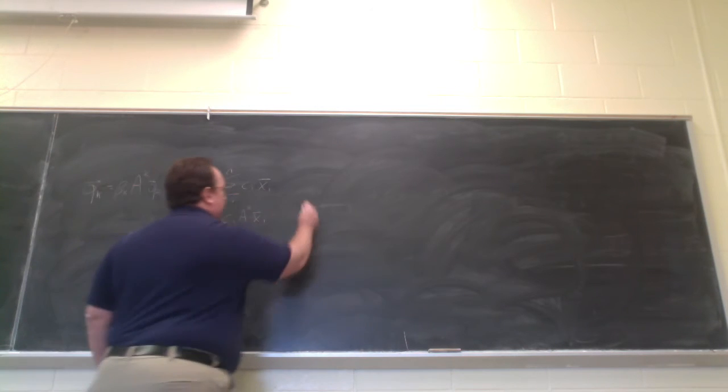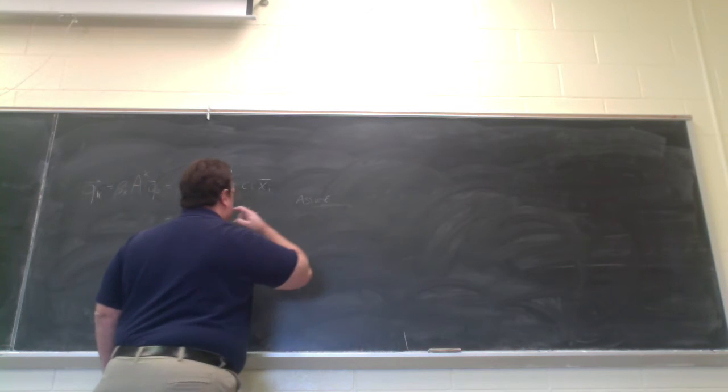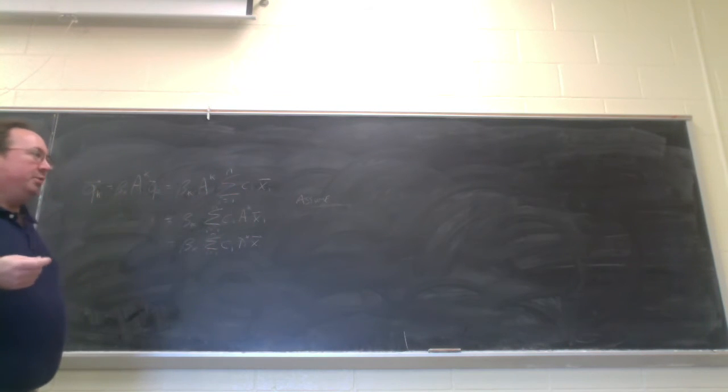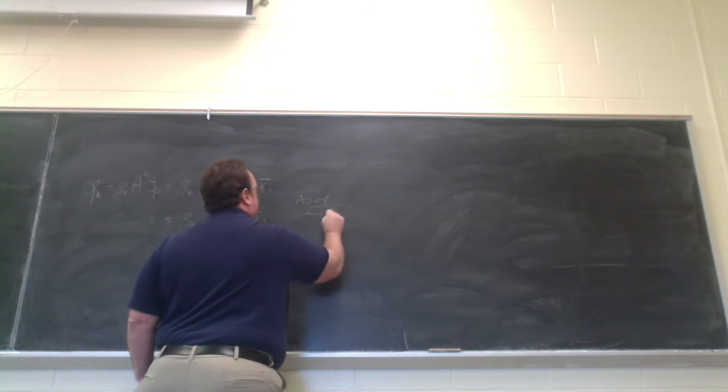Now, another assumption that I also make here, and for typical random vectors it's likely to be true anyway, is that at least the first constant in the linear combination, c1, is non-zero.